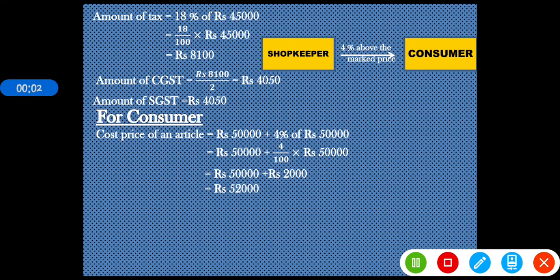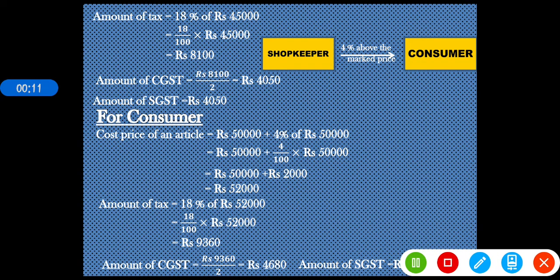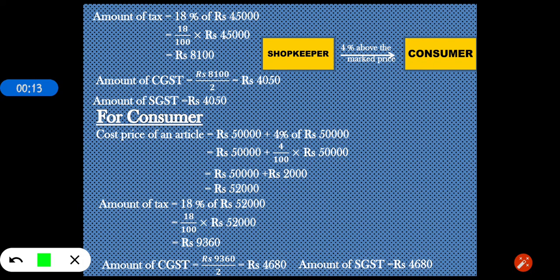Okay, after calculating the cost price of the article for the consumer, which is equal to 52,000, let's calculate the amount of tax. The amount of tax is equal to 18 percent of rupees 52,000, which is equal to 9,360. This is the amount of whole tax.